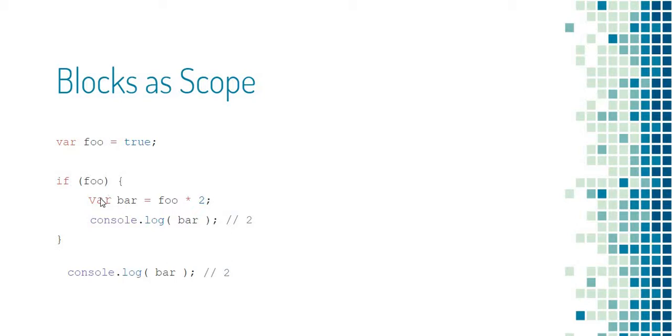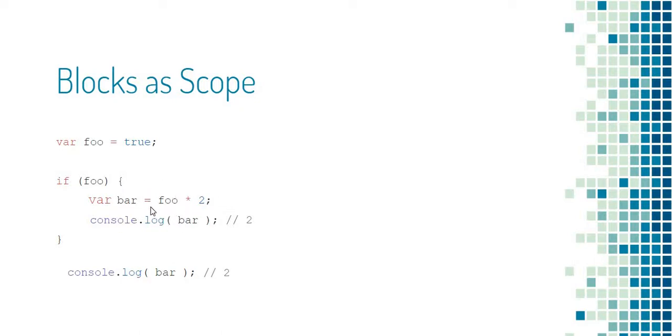So within the if block we have declared a variable bar using the var identifier, which means that the variable bar is scoped within a function where the variable bar is declared. But since we have no function here enclosing these variables, the variable bar is declared in a global scope, and we are assigning the value foo times 2 to the variable bar.